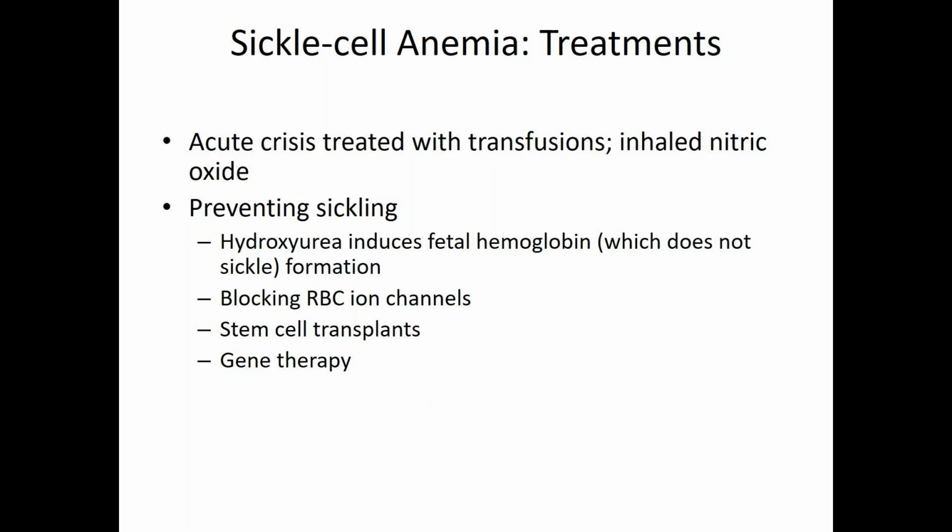We're really, really only starting to see actual efforts put into trying to deal with this. And really the most promising ones have to do with this hydroxyurea treatment. And what hydroxyurea is doing is it's stimulating your body to produce a different form of hemoglobin called hemoglobin F. Hemoglobin F is the hemoglobin you make in utero, right? F here stands for fetal.